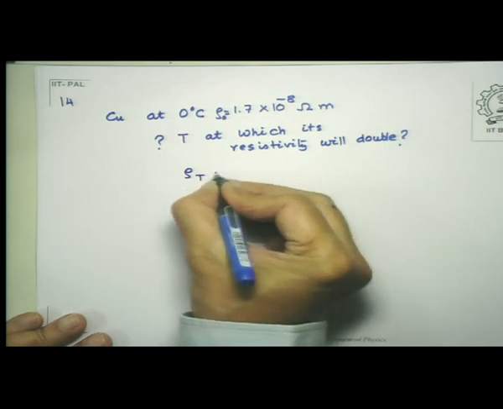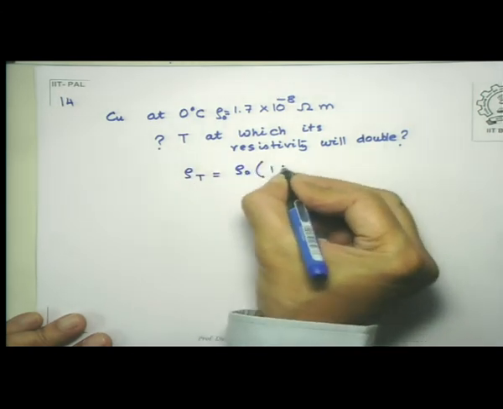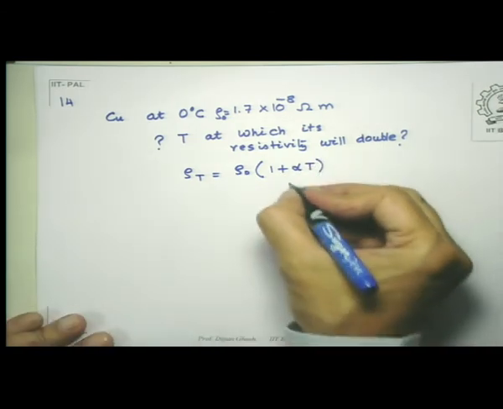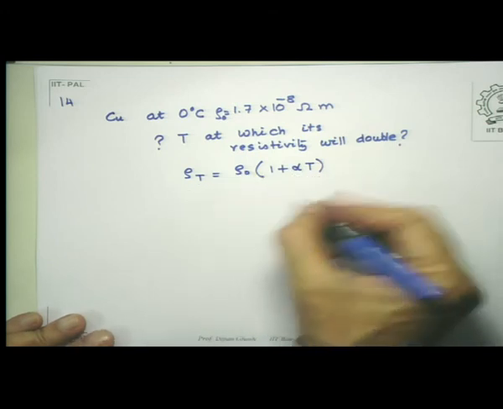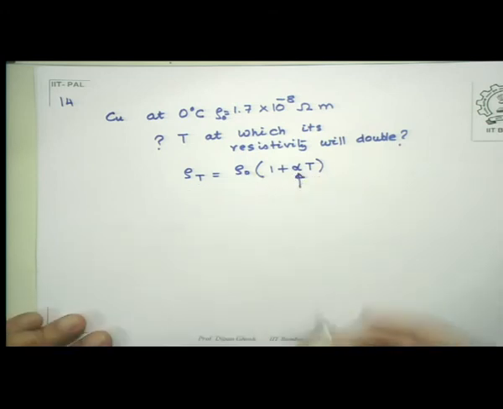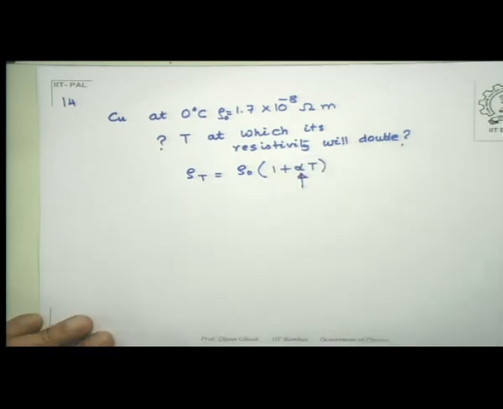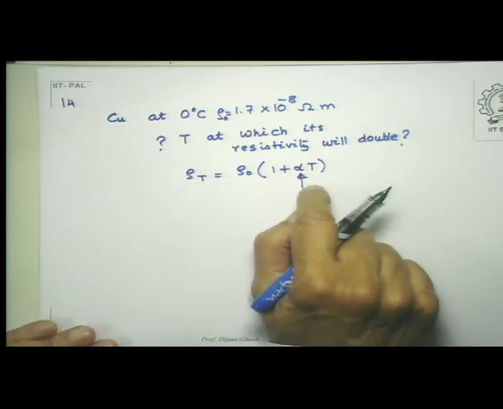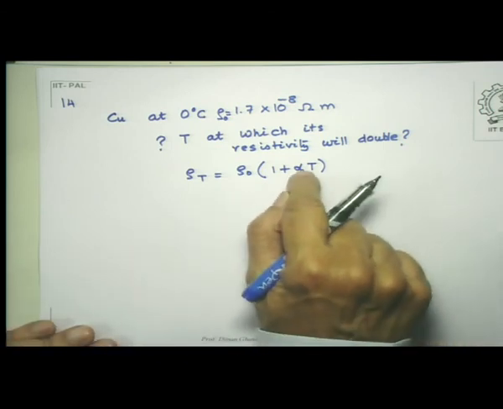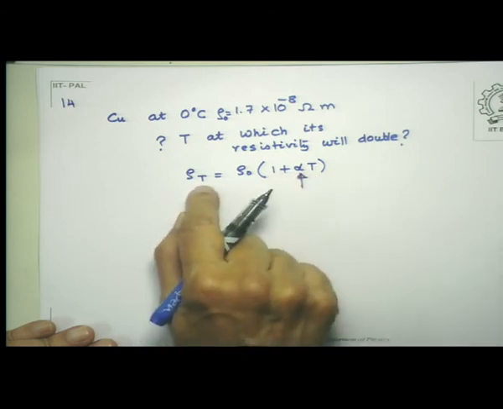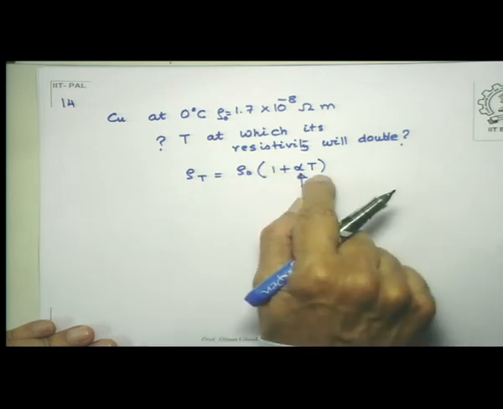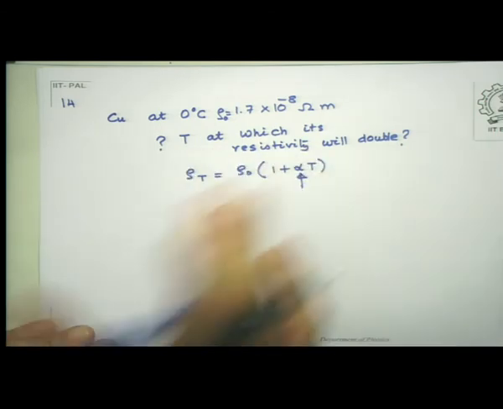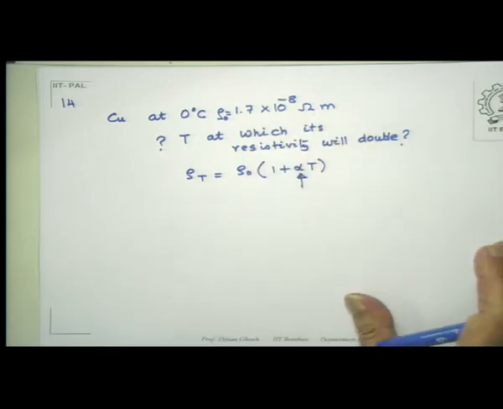I have rho t equal to rho 0 into 1 plus alpha t. Well, alpha we have just now found out from the previous example. We did find out for platinum, but the value of alpha is known, and so therefore I can substitute it here. All that I am asking is what should be the temperature at which my rho t will be equal to 2 times rho 0. You could work this out and we will continue with this next time.